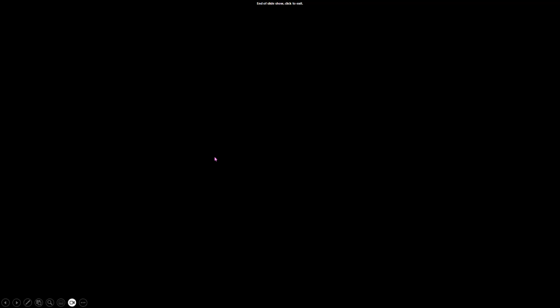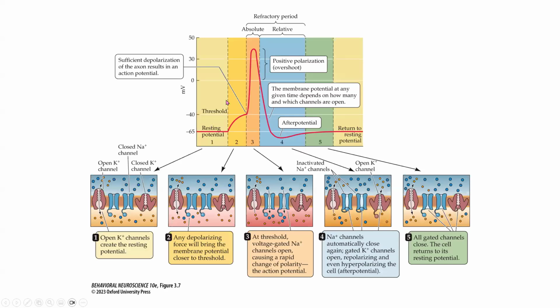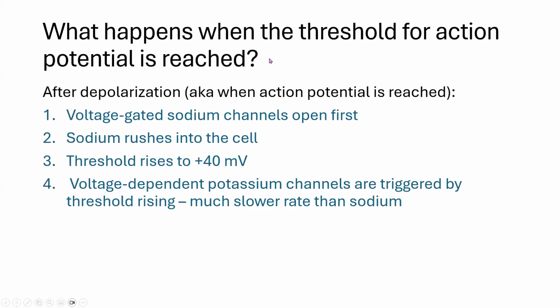So now I'm going to jump a few slides. We now have this thing where we see the level at which the neuron is working is all the way up in the positives, okay? Positive electrical value. And then because of this, the potassium channels are like, wait, we need to put the neuron back to normal.